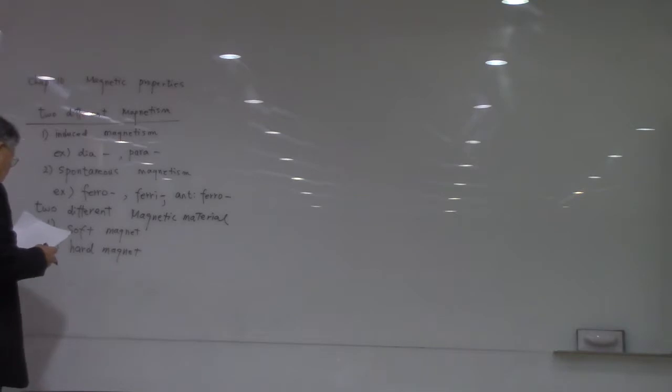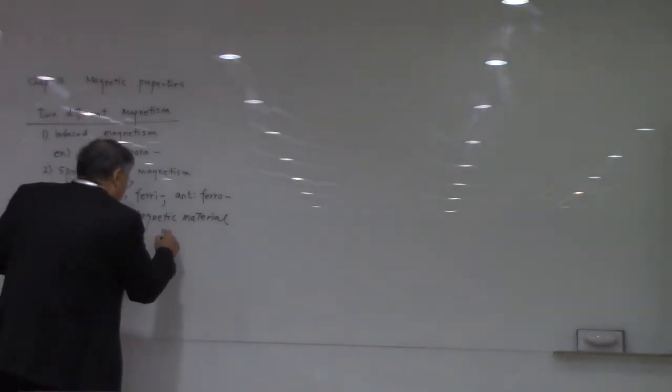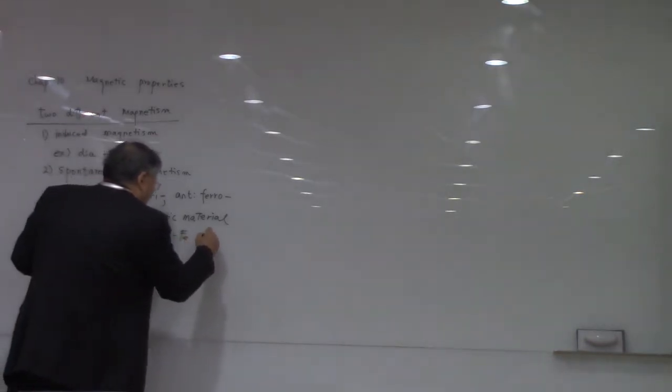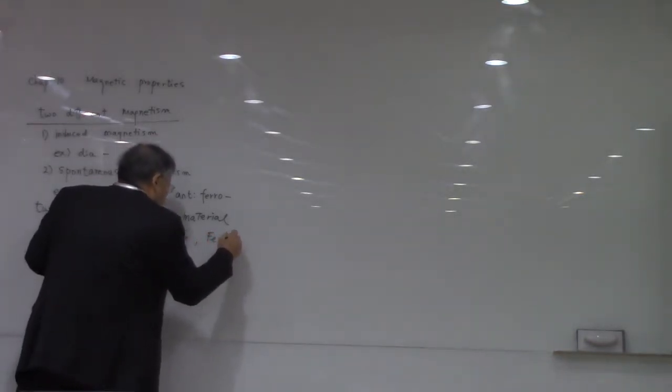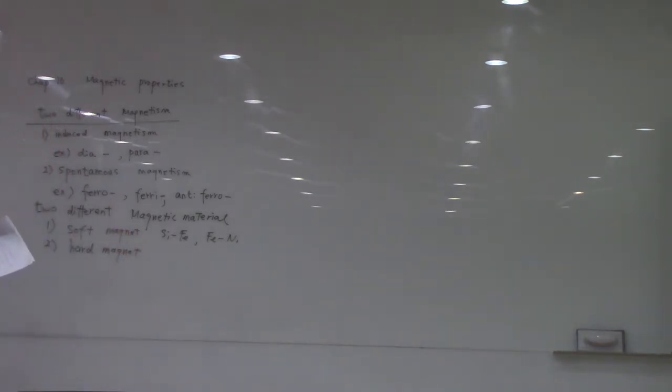Soft magnet is easily magnetized and easily demagnetized material, like silicon ferrite and Fe nickel and so forth. And we use this for the magnetic information storage, like tape and things like that.